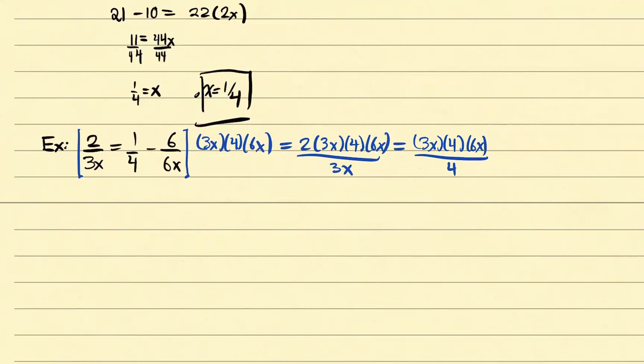Oh, did I accidentally make this a quadratic equation? I think I might have accidentally made this ugly. Yeah, I think this is going to involve a technique that we have not discussed yet.